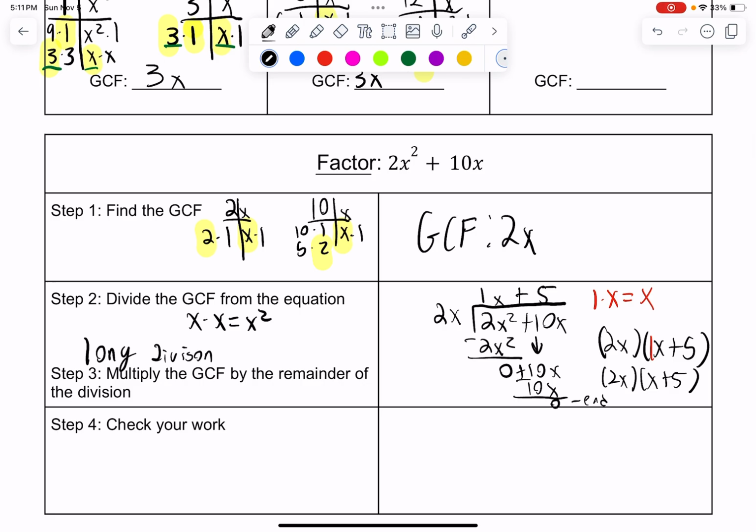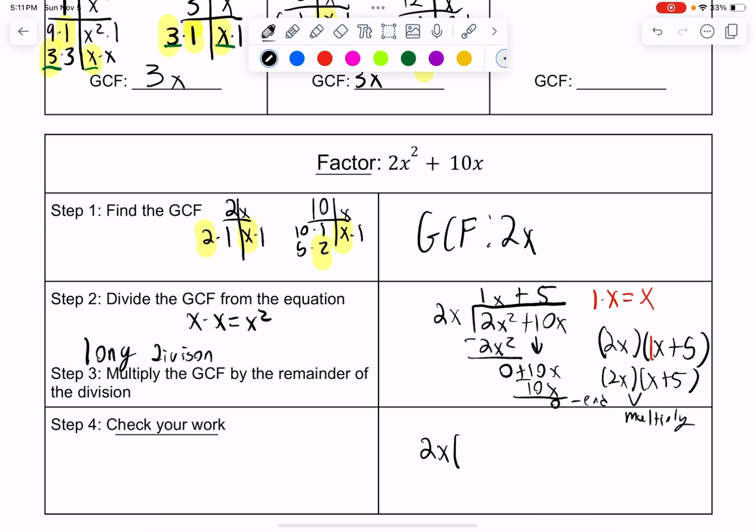And what's so beautiful about these factor problems is that if we are able to, we can actually get back to our standard form by multiplying these two. So this is just a way to check our work to see if we get the right answer. If we multiply our two values, we should get back what we started with.